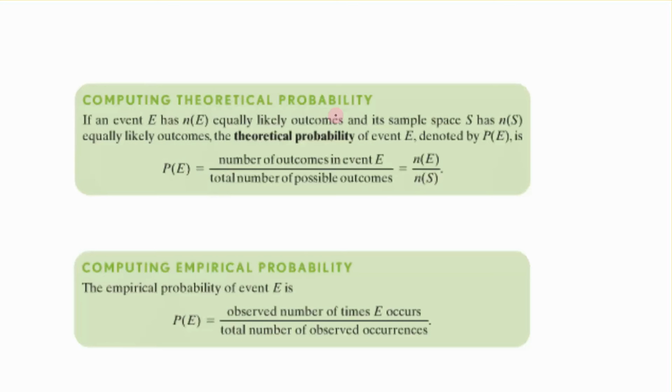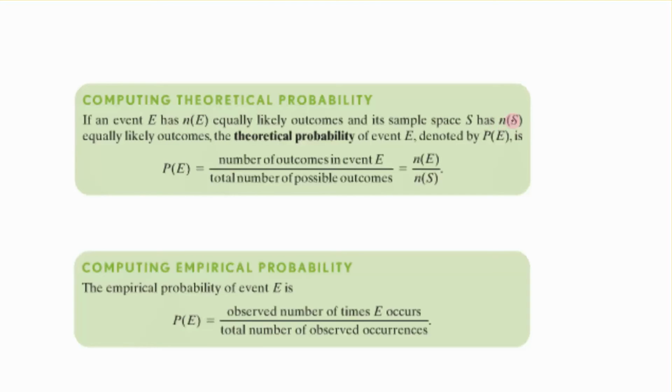And its sample space S, and that is all the different things that can happen, has N of S equally likely outcomes. So N of E is the number of equally likely outcomes for the event to happen.